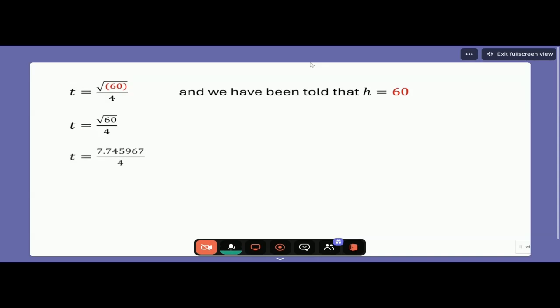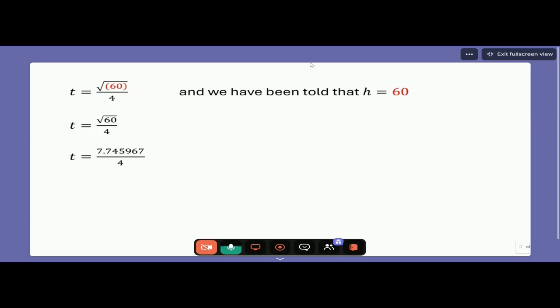You should get about 7.745967. It keeps on going on the decimals. That's all I put there. You want to keep enough to make sure you don't get a rounding error in your final answer. So I like to keep at least 2 or 3 more than the decimal places I need in my final answer.